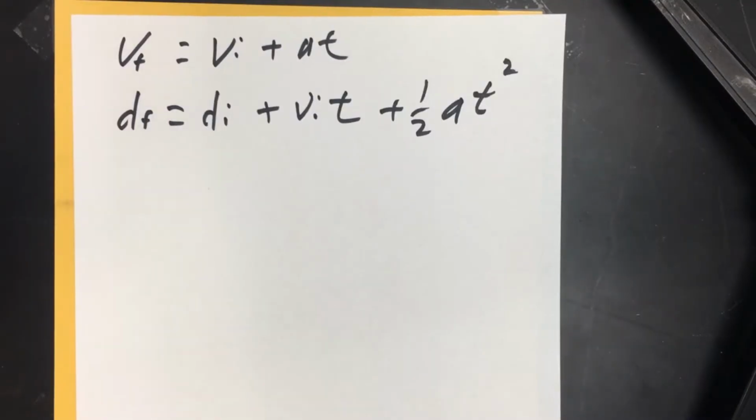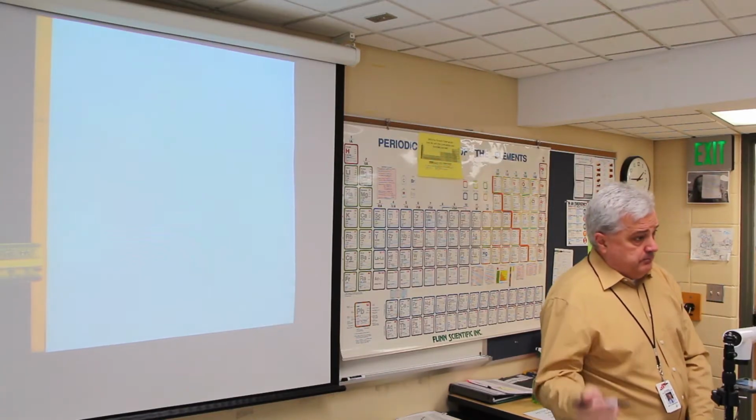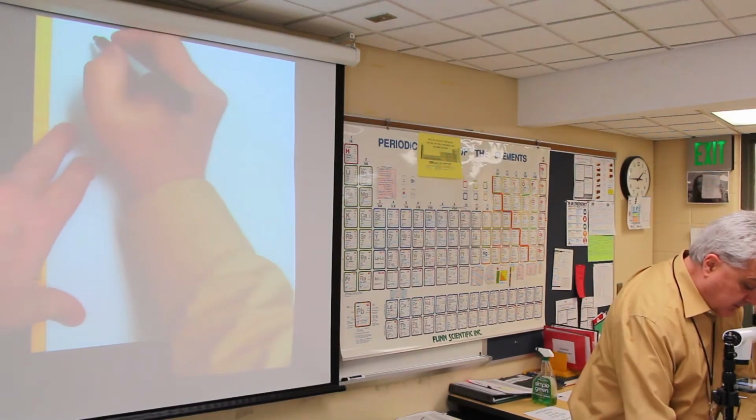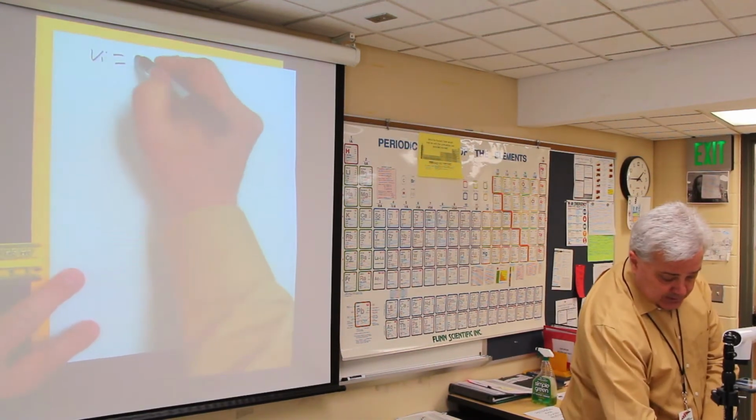So in this video, we're going to do an example problem where we have an object in motion and we are accelerating it. Step 1 in solving any problem is to write down what's given. So we're going to say the initial velocity is 10 meters per second.